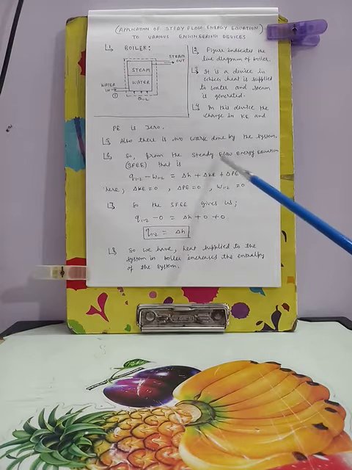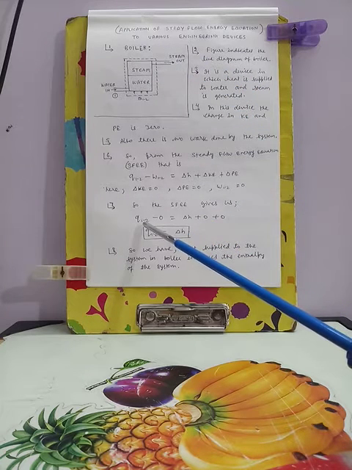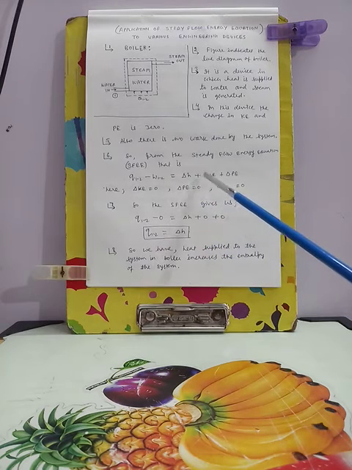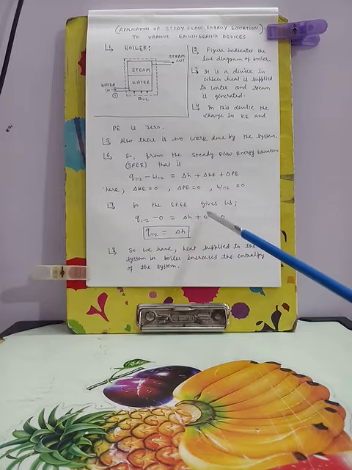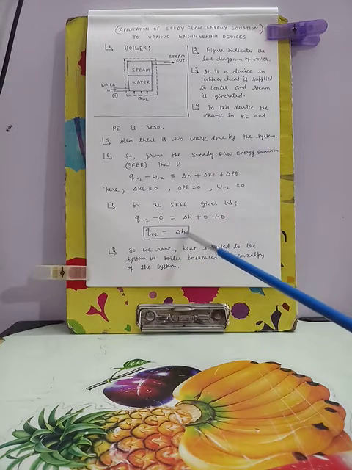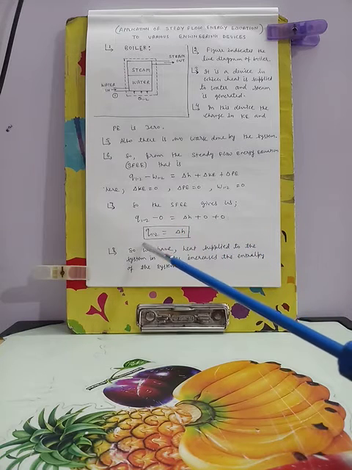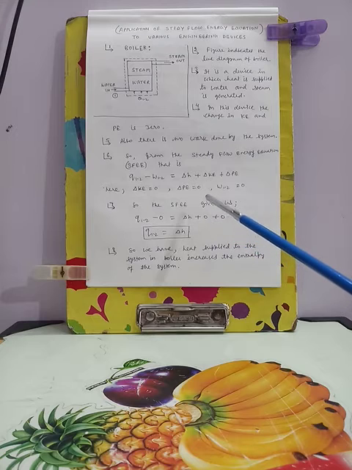So this steady flow energy equation turns for this boiler like this: Q12 minus 0, work done 0, this 0, this 0, sorry, and this is not 0, delta H plus 0. So finally we get heat supplied is equal to change in enthalpy. We can say that this is the steady flow energy equation for the boiler.